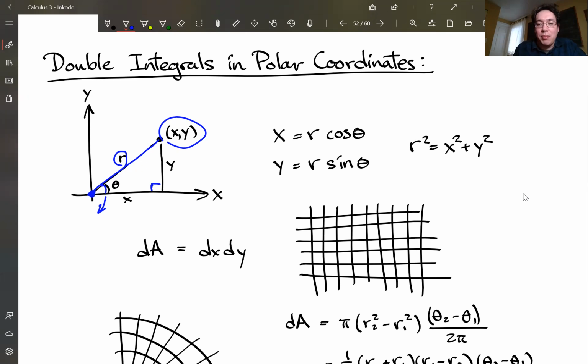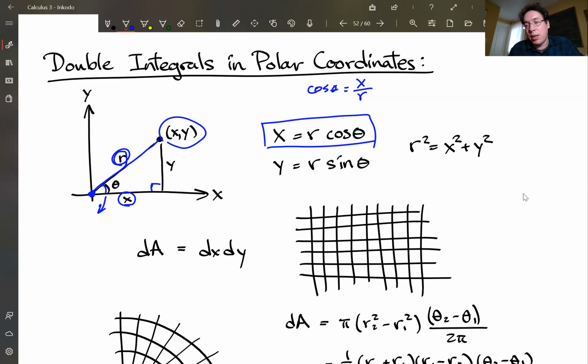Using trig, we know that the cosine is the ratio between the adjacent side and the hypotenuse. So cosine of theta is x over r. If you multiply both sides by r, you can describe the x coordinate as r times the cosine of the angle. Using a similar technique, you could describe the y coordinate as r times sine of theta.